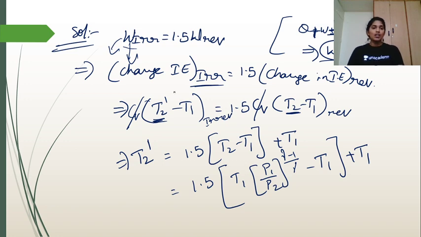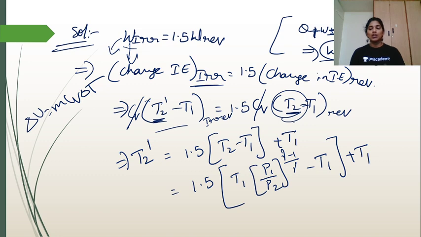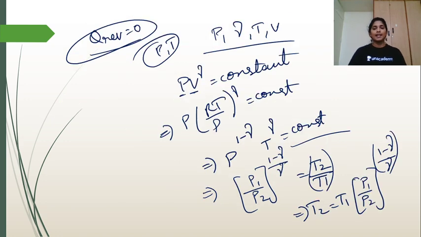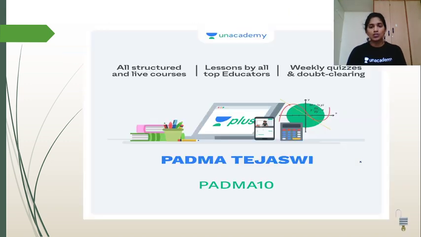So we use the formula m Cv delta T on both sides. As we don't know the final temperature in the reversible process also, by using this adiabatic process we calculate temperature T2 in terms of T1, P1, P2 and gamma. Okay. So this is how we solve this problem.